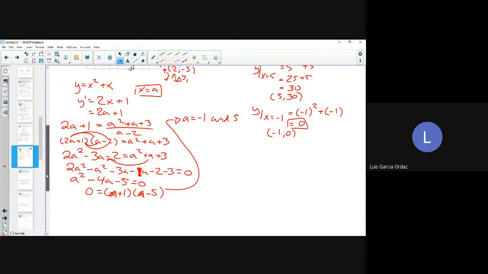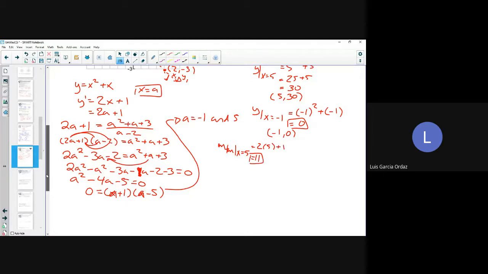So now I have to find the slope of the tangent, which means I have to sub my a values into my derivative. So I'm going to find the slope of the tangent where x is equal to 5 using my derivative, which is 2 times 5 plus 1, which is equal to 11.